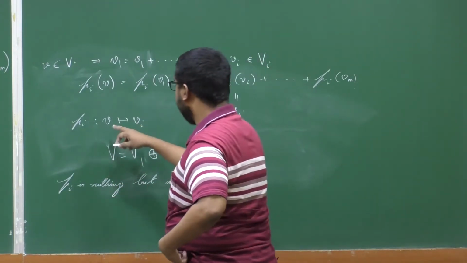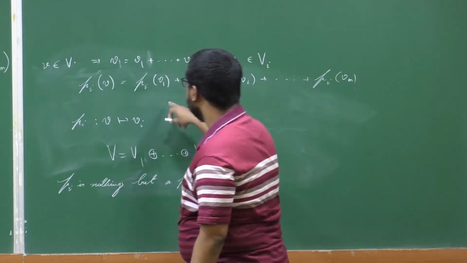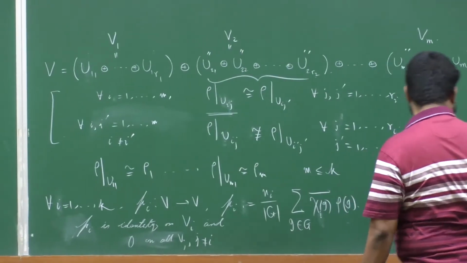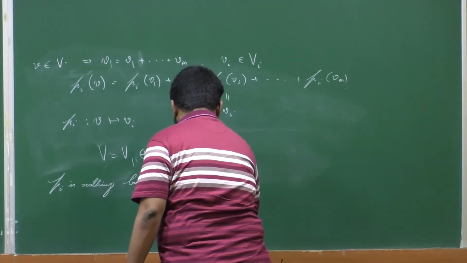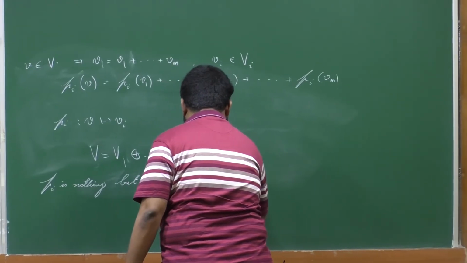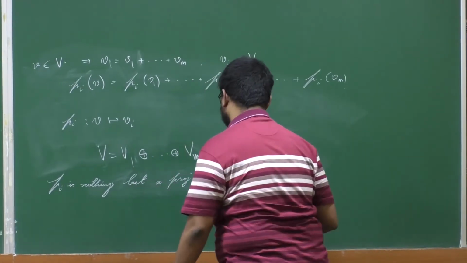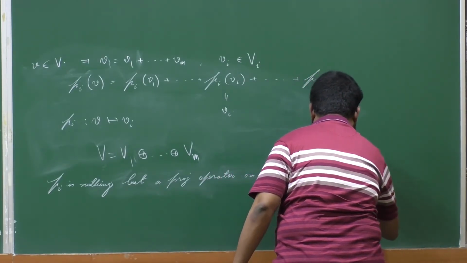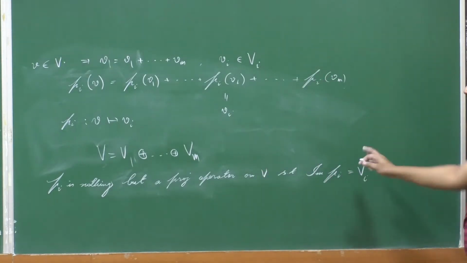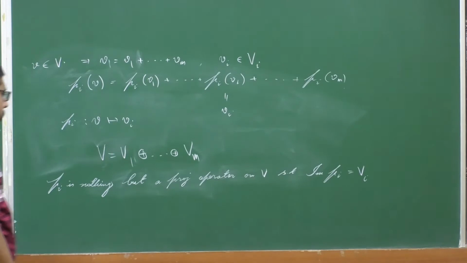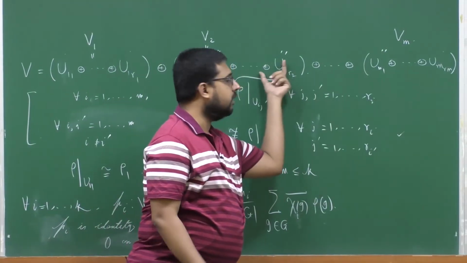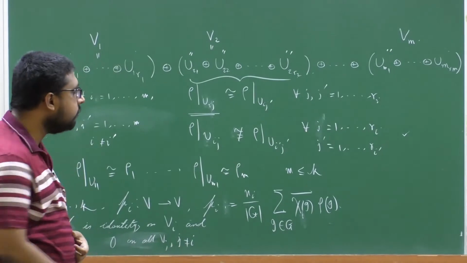If v is already from Vi, then certainly, like we have already seen, Pi is identity upon Vi. So it is a projection operator upon V whose image is Vi, right? It is 0 upon all other summands and identity upon Vi, so it is a projection operator.